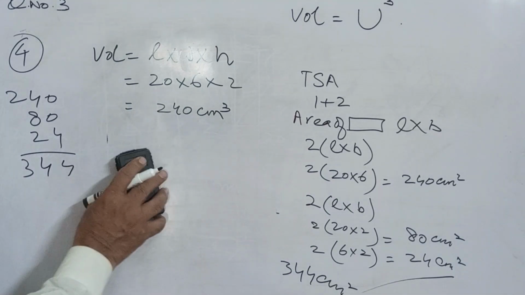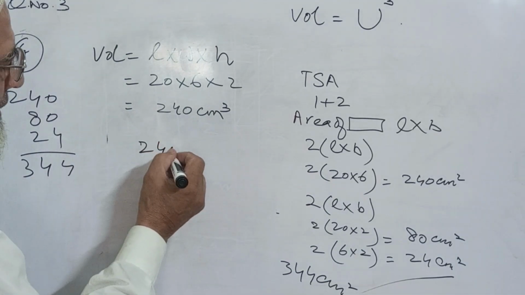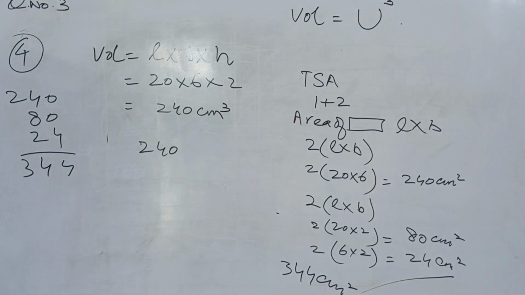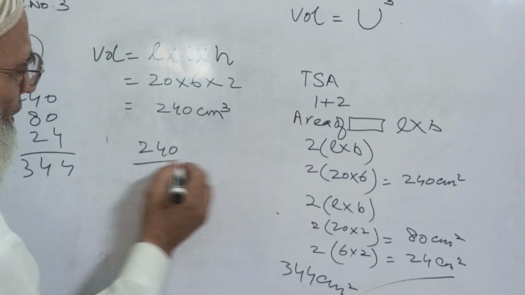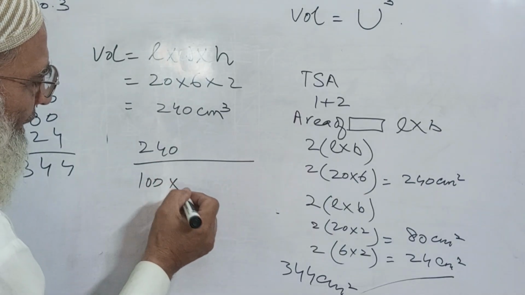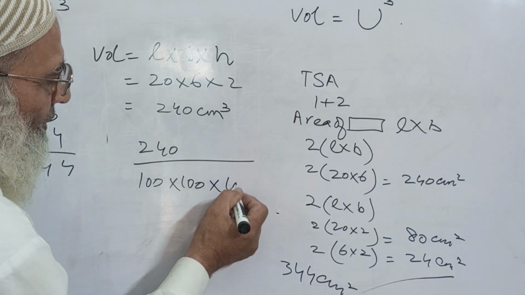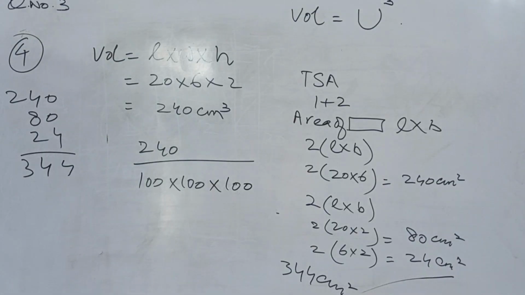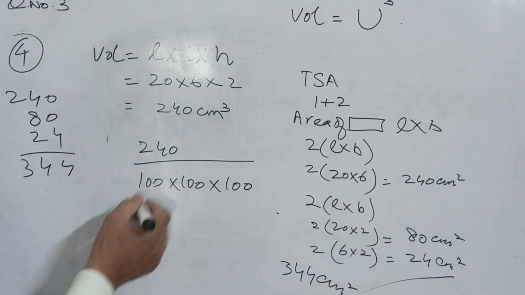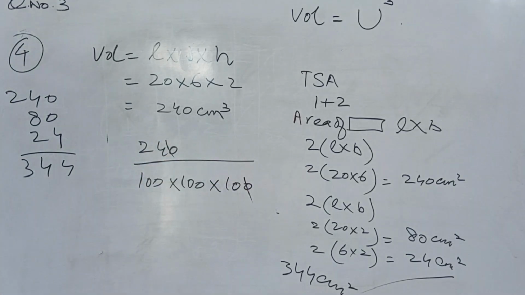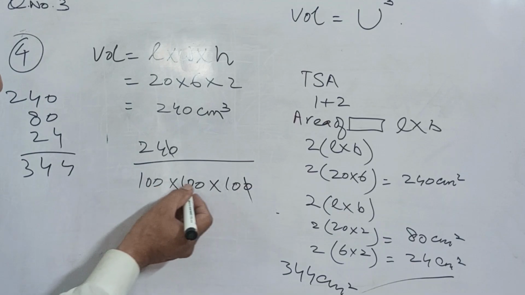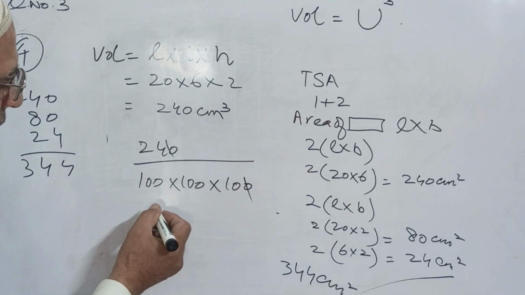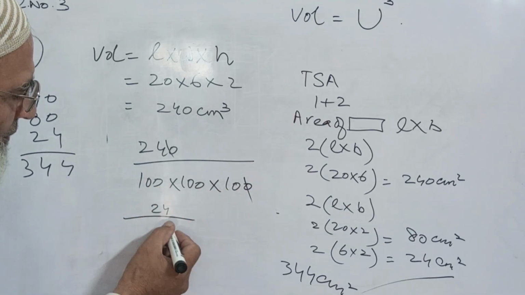Now what we have is 240 centimeter cube. There are 3 dimensions, so we will divide by 100 three times. Cut the zeros: how many zeros are left? 1, 2, 3, 4, 5. 5 zeros.